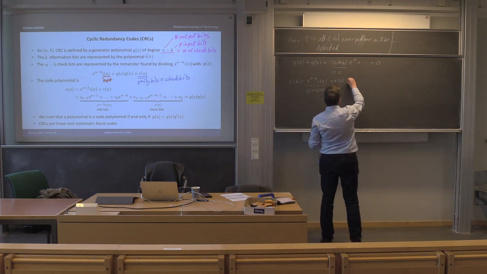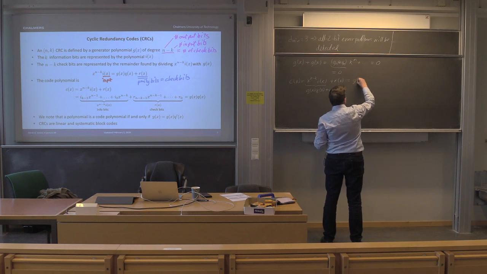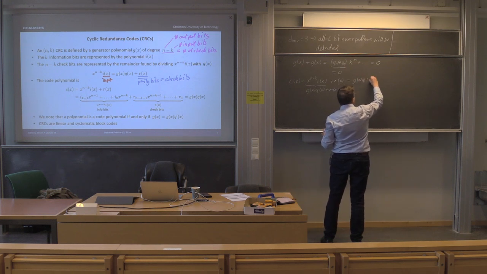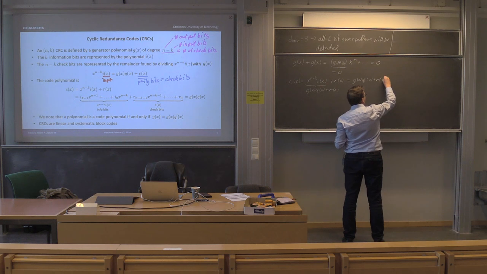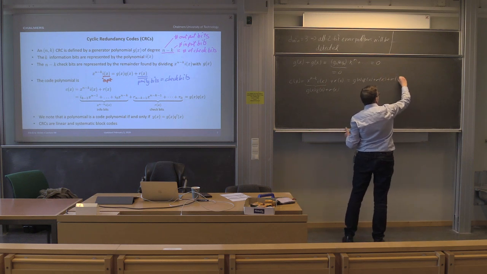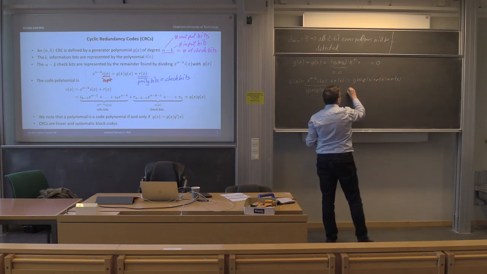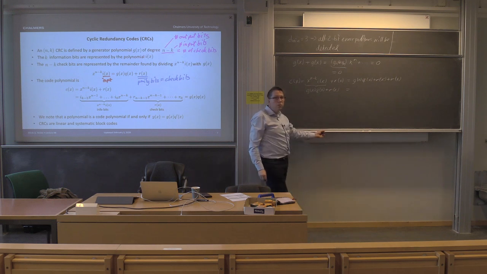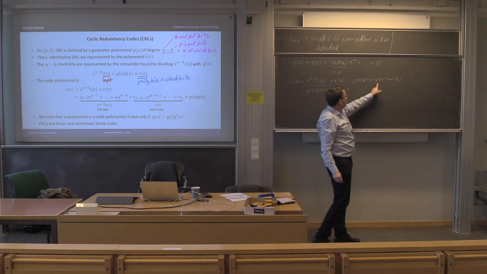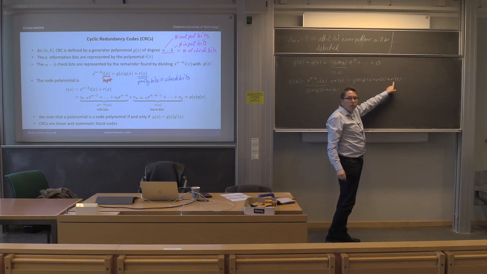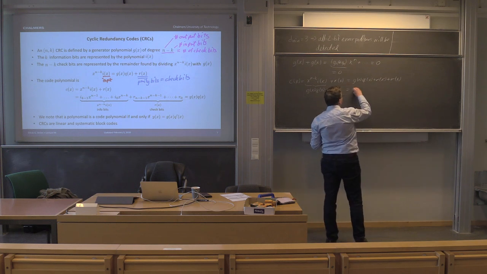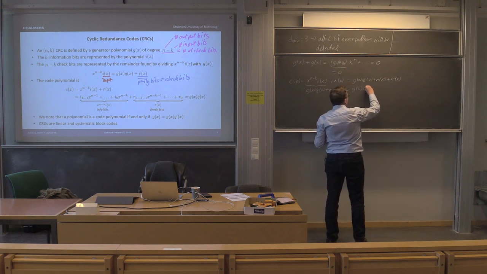Okay, so we can write this as G(x)Q(x) plus R plus R. Okay, and what is this equal to? If we add the two last terms to each other, what do we get? 0, exactly. So this is G(x) times Q(x).